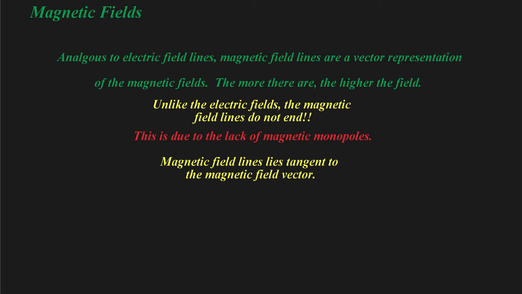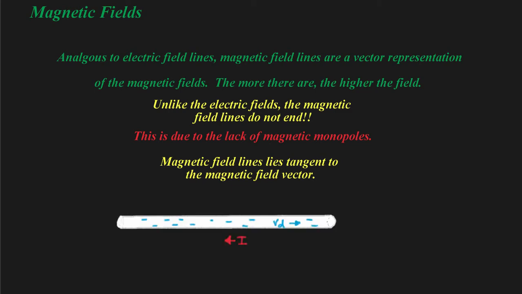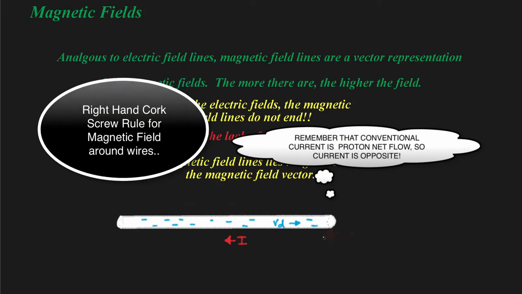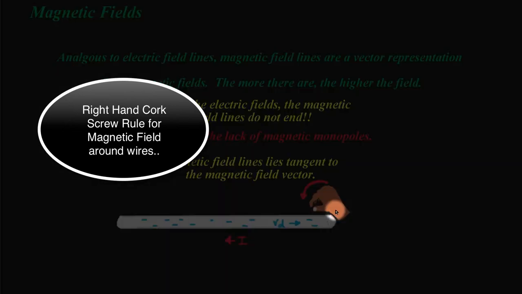All right? Now let's get to our wire. Again, the wire has an excess of electrons, so the electrons move down the conductor, but the conventional current goes to the left. So if I put my thumb, this is my right hand, going down where the current is, and then I curl my fingers, that should tell you where the magnetic field is.